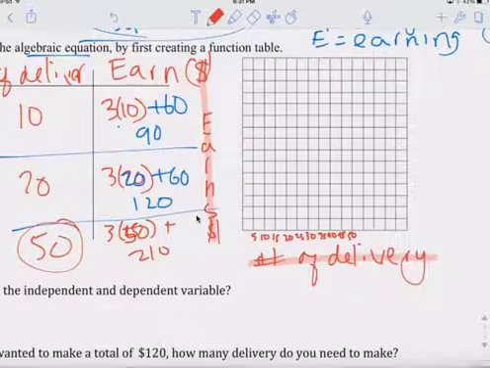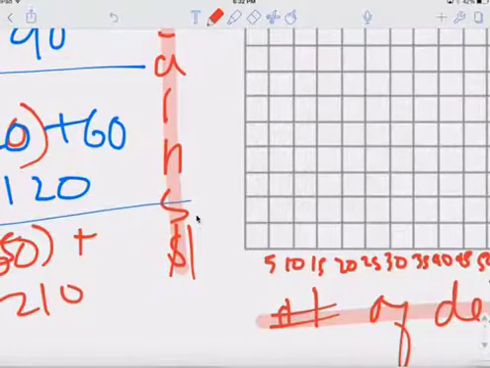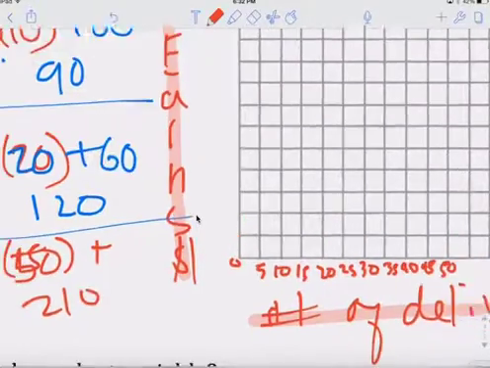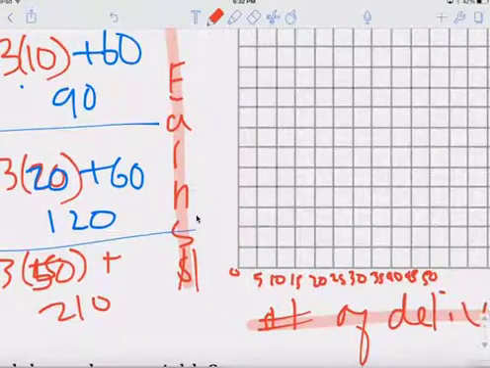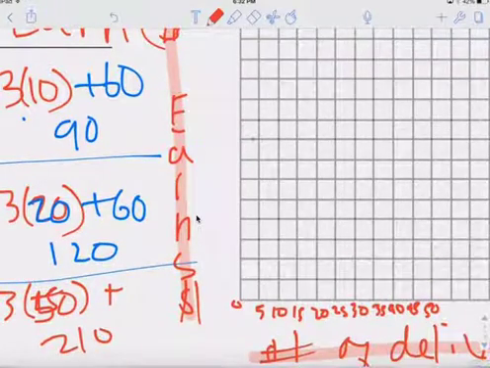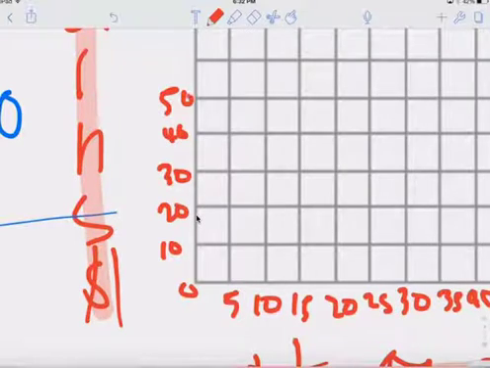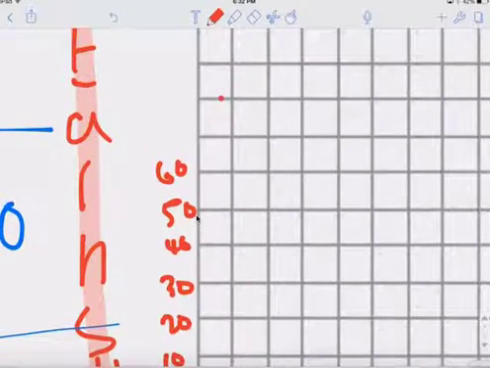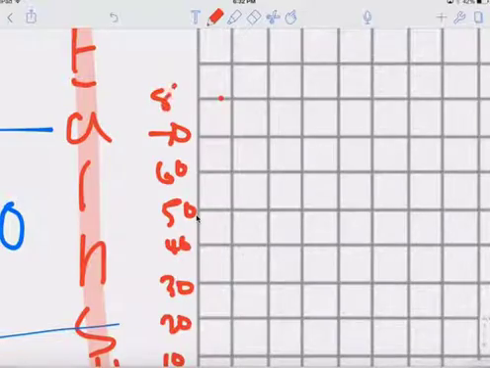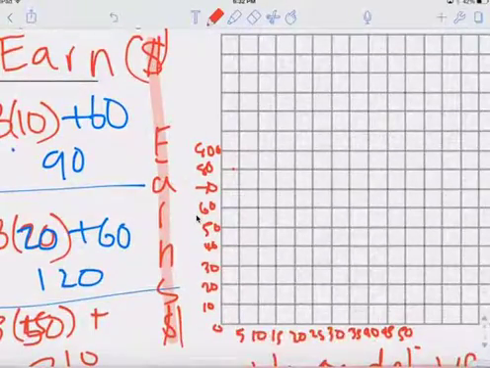Okay, and then we can count from 0 to 10. 0, 10, 20, 30, 40, 50, 60, 70, 80, 90, 100. Yeah, 10 is good. 10, 20, 30, 40, 50, 60, 70, 80, 90. Oh, 100.